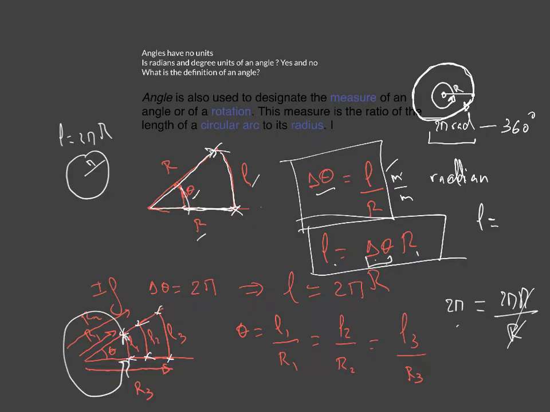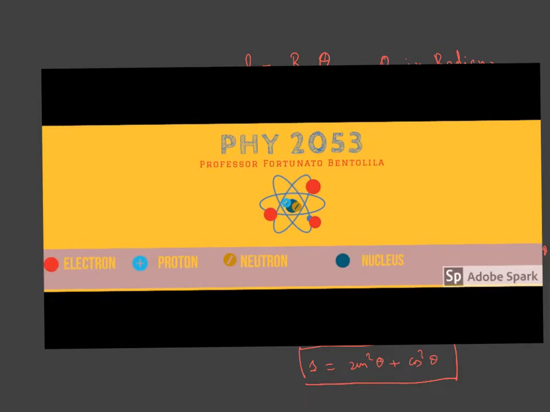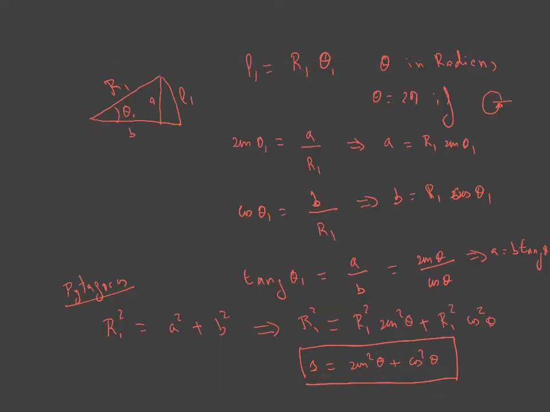Okay, the other thing that you should know, of course, is sine, cosine, and so on. Imagine that you have this triangle here, and you want to define the sine of theta.